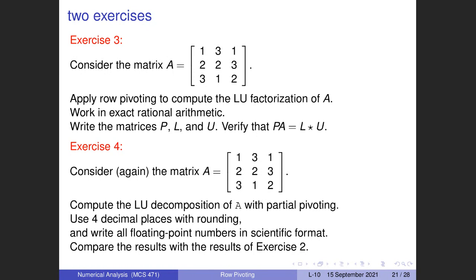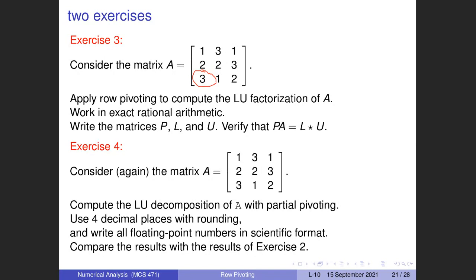Now, the difference with lecture 8, where we had a similar exercise, is that we will do row pivoting. You can see the first pivot that you will take will be 3, because 3 is the largest element in the first column. So the first step is the row interchange. 3, 1, 2 will be your first row in the new matrix A, and you will have to work with 1/3.